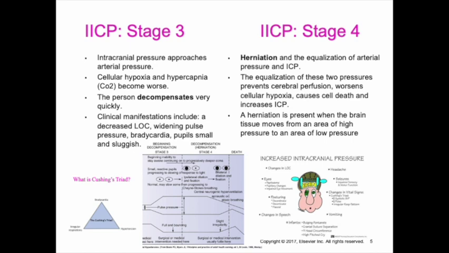So CO2 accumulates. This is going to cause vasodilation locally, but you're not going to have autoregulation of this vasodilation. So you're going to have perhaps hydrostatic blood pressure in the vessels drop and the blood volume increase.